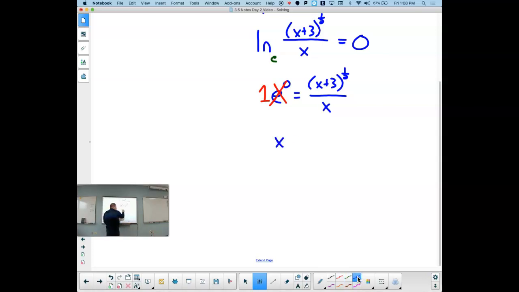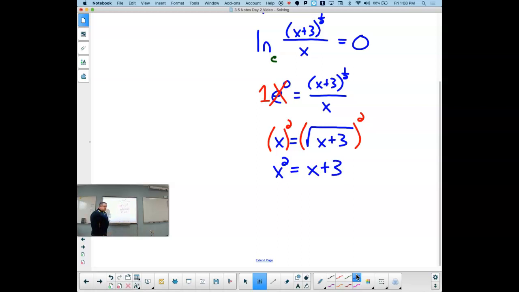So this would be x equals the square root of x plus 3. Now to solve that, I'm going to square both sides. That gives me x squared equals x plus 3.